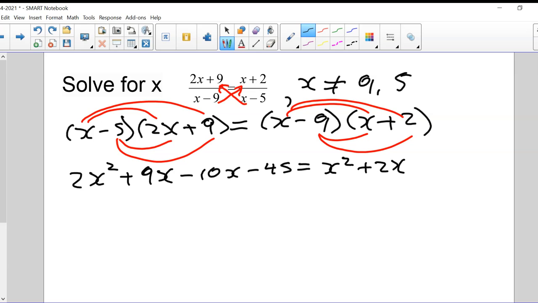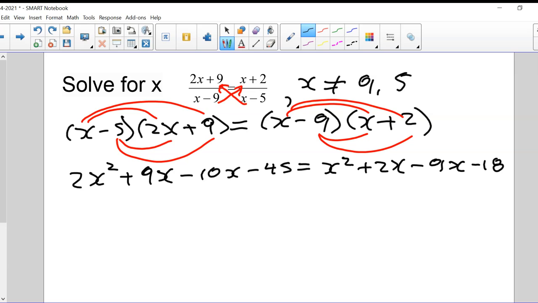No, let's try again. We took the x times the x and the x times the 2, but what's the next two? Okay, so minus 9x, yeah. And what's that last term that you just gave us? Just give me that last term and then minus 18. Okay.